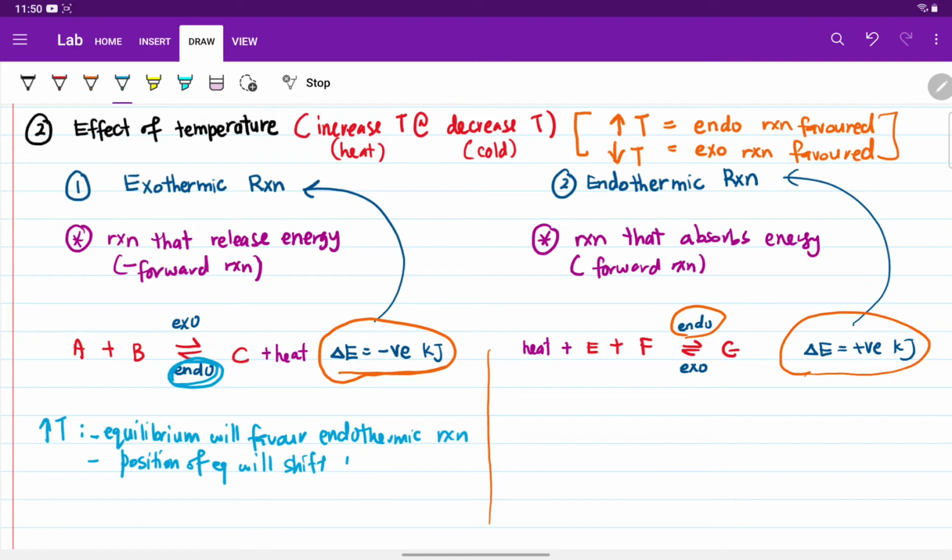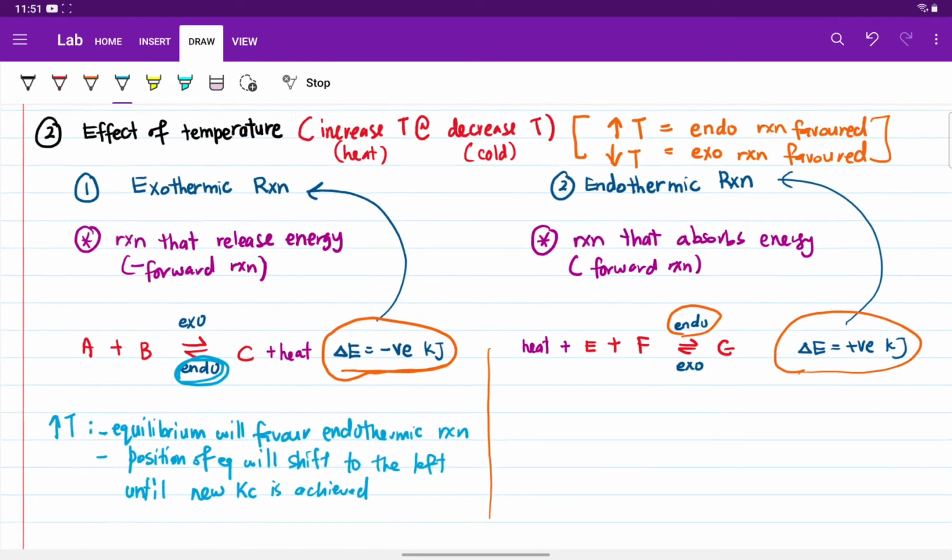It will shift to the left. Okay. So, dekat sini dia akan shift ke kiri sampai bila? Until new Kc is achieved. Ataupun until equilibrium is achieved. Okay, itu efek dia. Okay, now, yang itu kalau kita increase temperature.